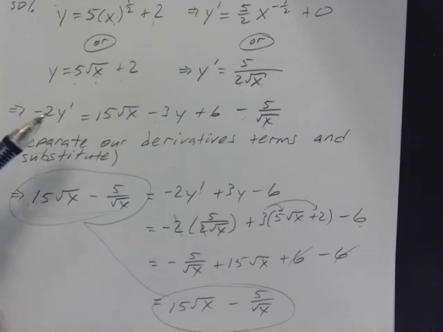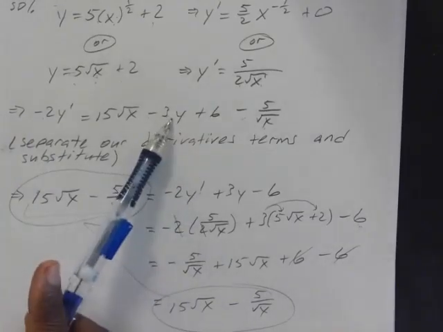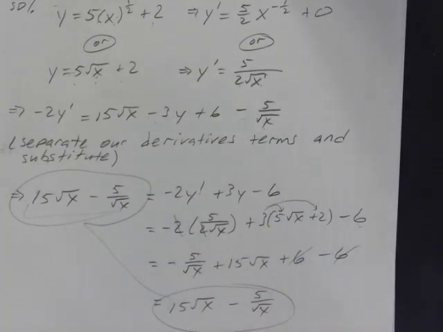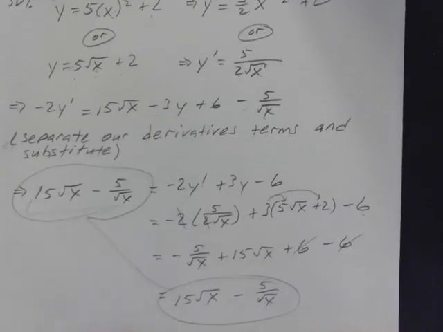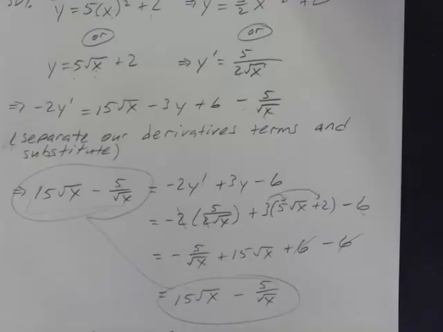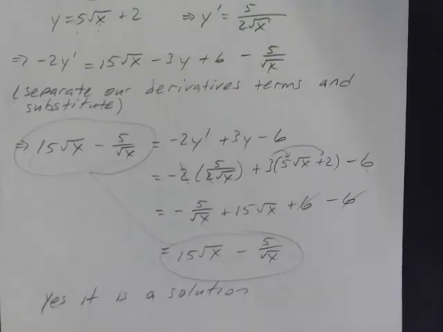If you wanted to, you could have definitely plugged in your first derivative here, your y here, and did it that way. It's completely up to you. Okay, so since they're equal, we know that yes, it is a solution. Sometimes it just helps to know more than one way to do it.